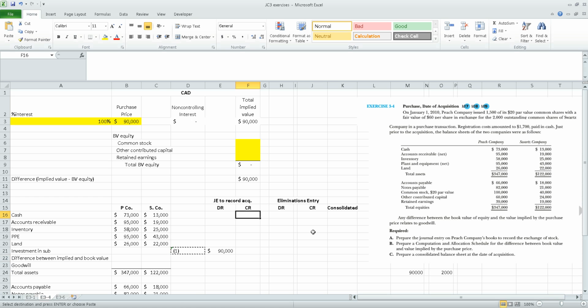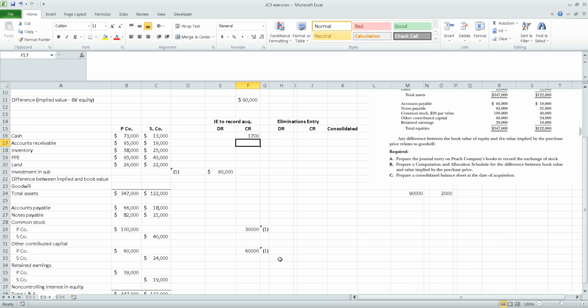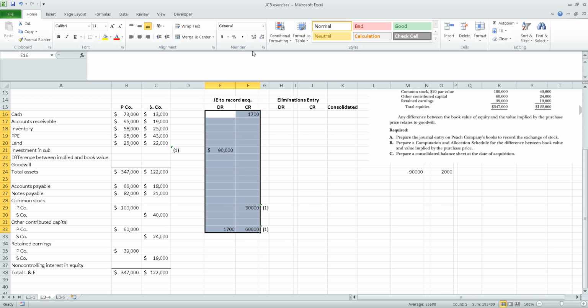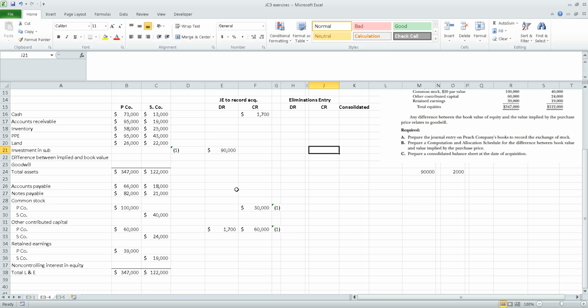So they wrote a check for $1,700, credit P Company's cash $1,700, and the entry would go as an offset against P Company's contributed capital, because that's considered a part of the cost of issuing the stock. Okay, so that'll be journal entry 2.